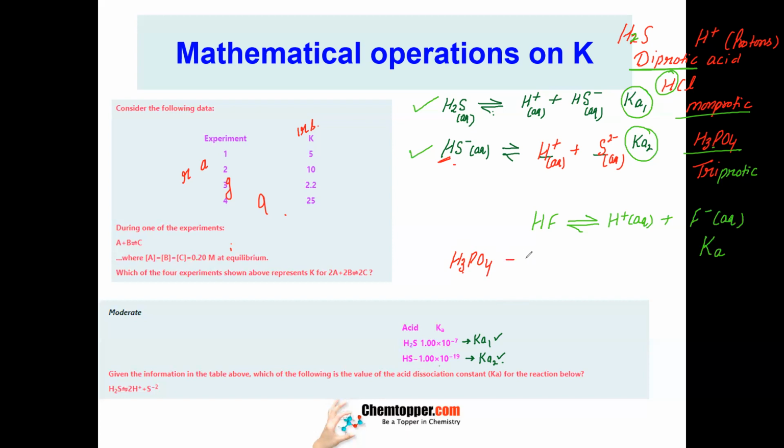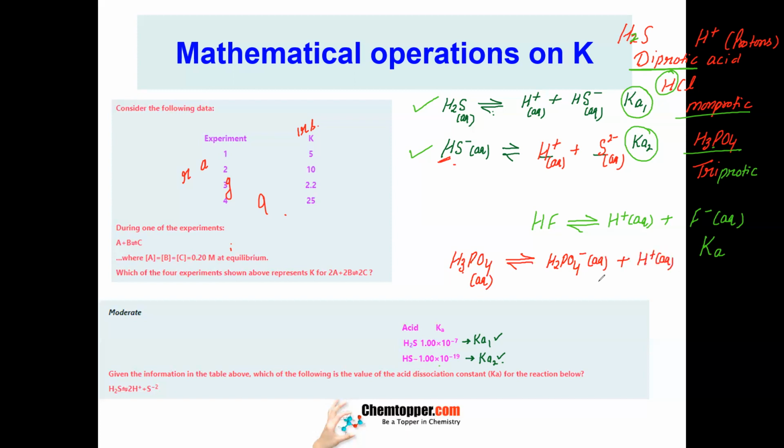Can you remove the first hydrogen, children? We are learning different types of acids, monoprotic, diprotic, triprotic. Yes, Sanvi, very good. H2PO4 1 minus. And then one hydrogen is out.